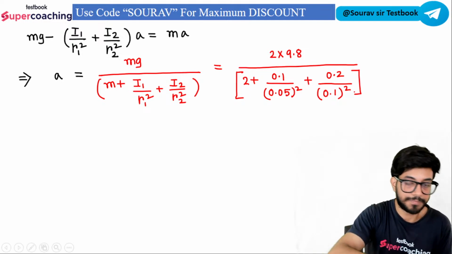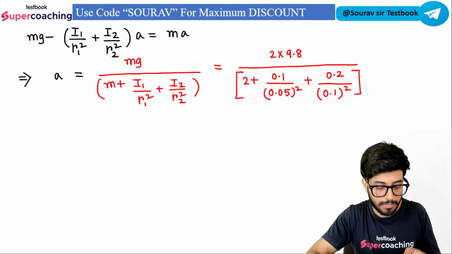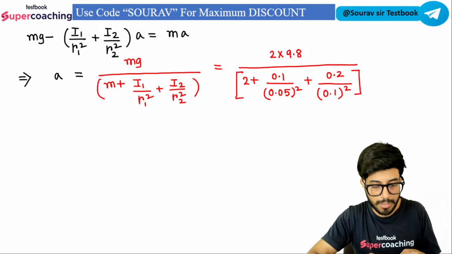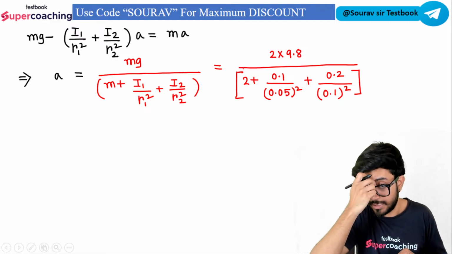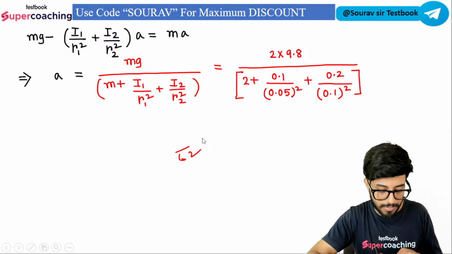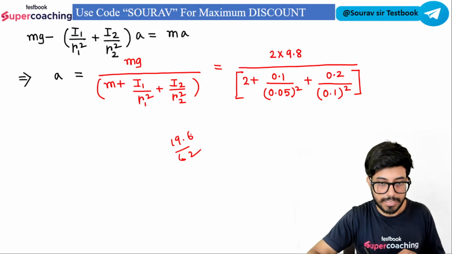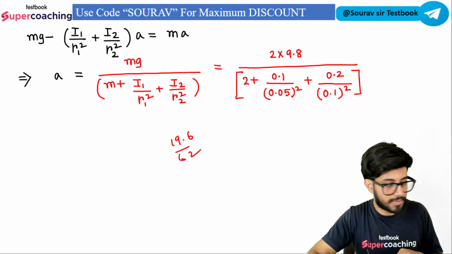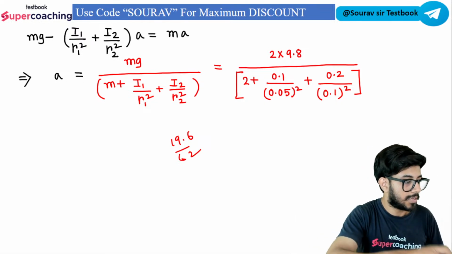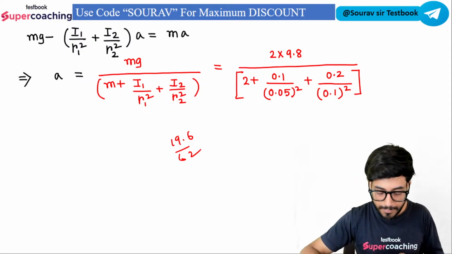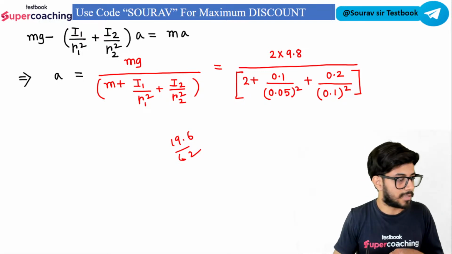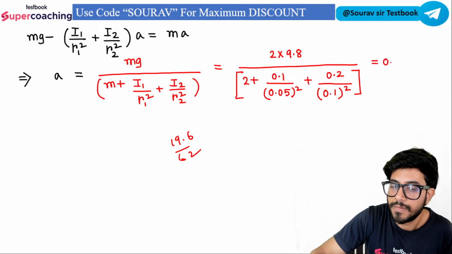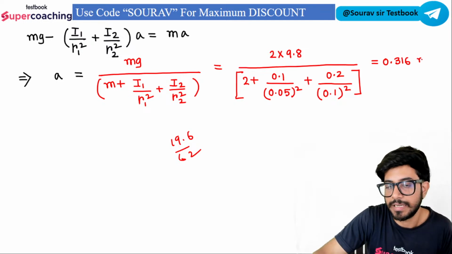Just do the calculation and tell me what you are getting. 0.1, 20, 0.05, 40, 60 and 2, 62. 19.6 divided by that gives 0.316. So 0.316 is the answer, meter per second square.